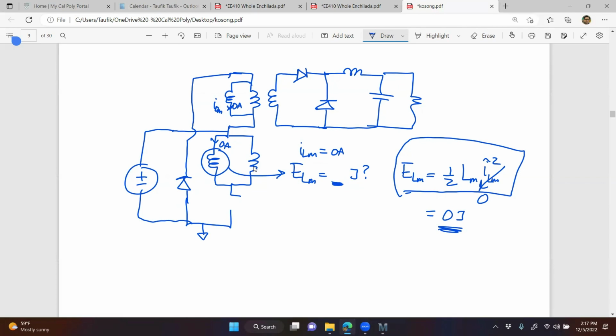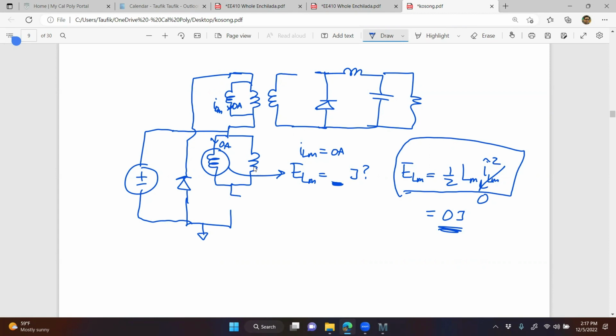Why not? Because when the switch is off, not only does LM not have any current, but also the diode here is off, right? The diode is off.